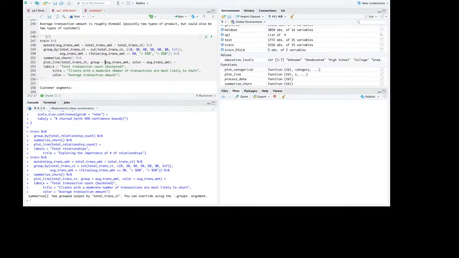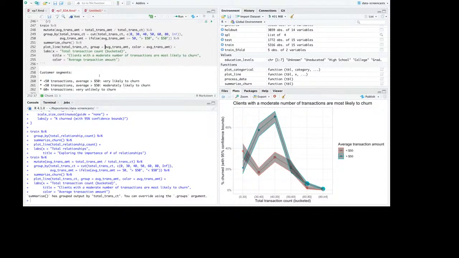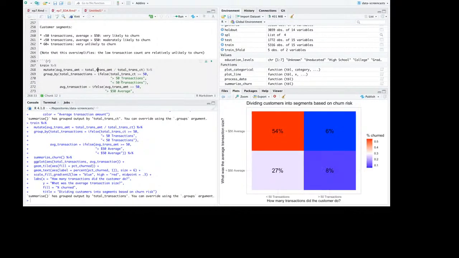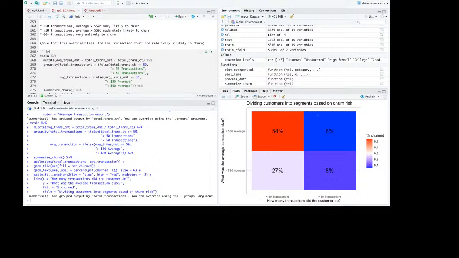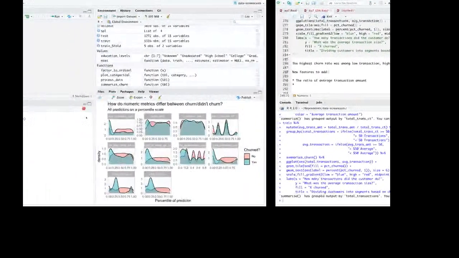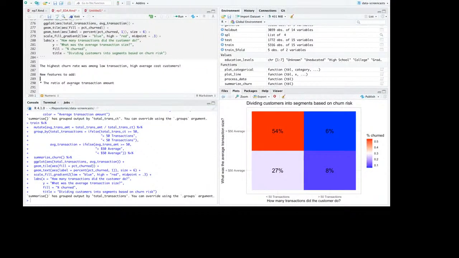Yep, the total transaction count was like greater than 50, less than 50, and here's my dividing into segments based on churn risk. We might go back to the same graph on some other things, but what I'd like to find out is what the other most important features were, but I don't actually have that graph handy.